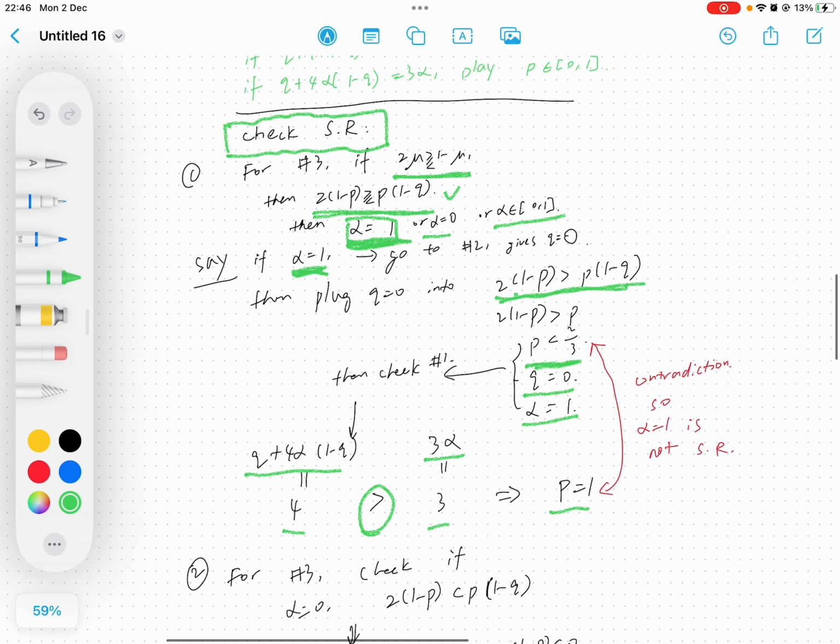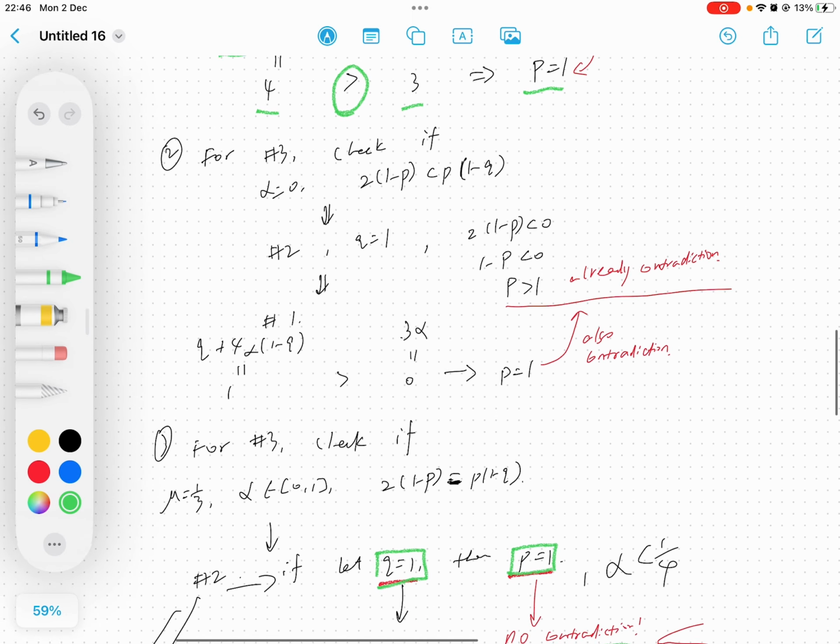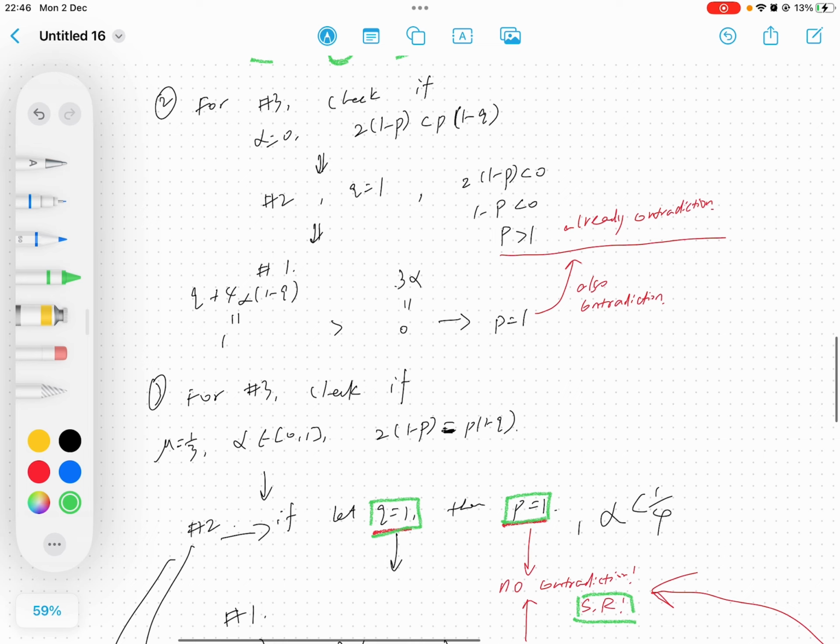So now let's move on, and check for player 3, if alpha is 0. So we check different values for this alpha. If alpha is 0, then we have this inequality the other way around. Then we plug into player 2's expected payoff, and we have q is 1.